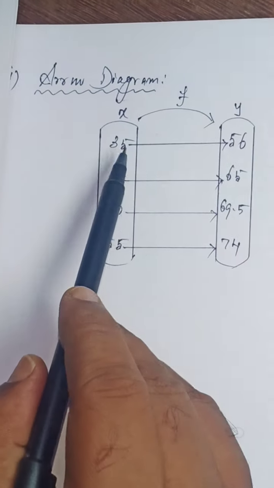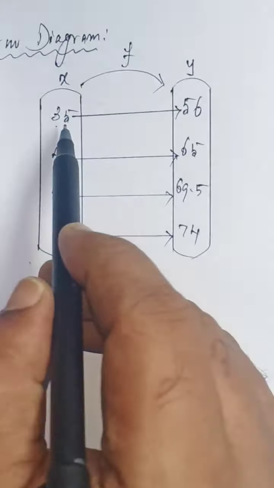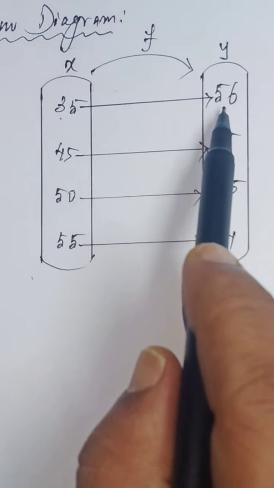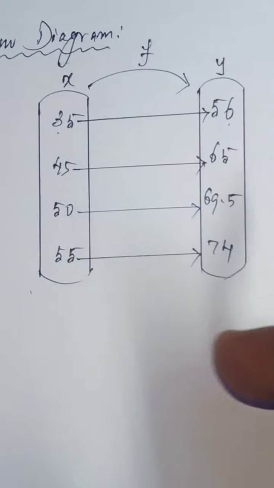If the forehand length is 35 centimeter, a woman's height will be 56 centimeter, like that.